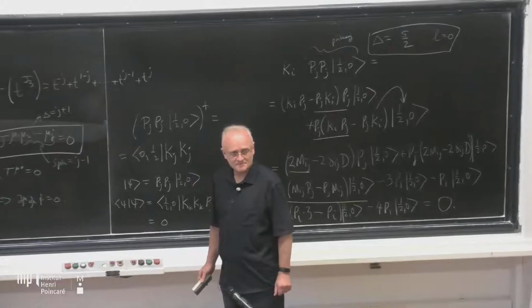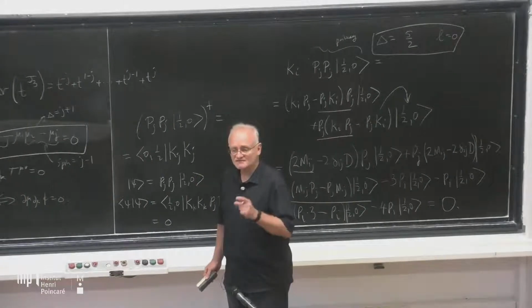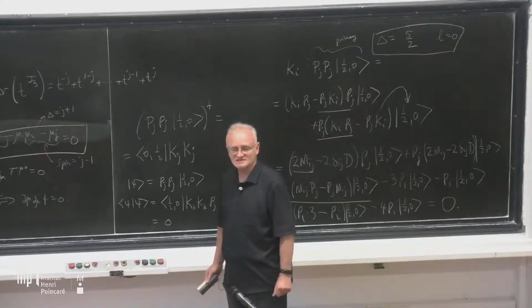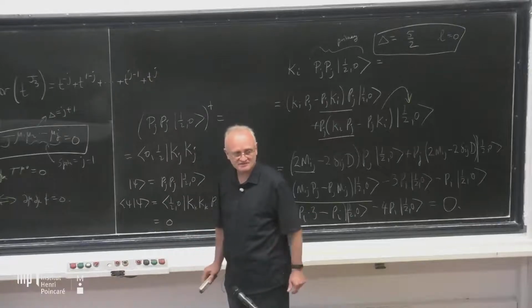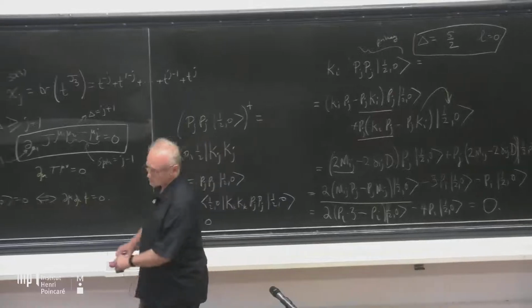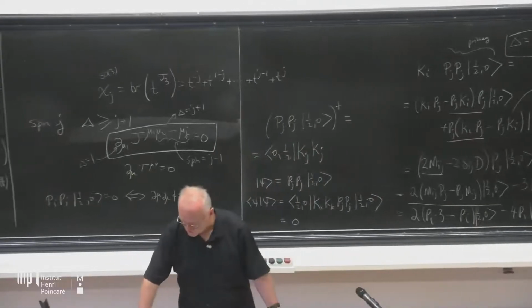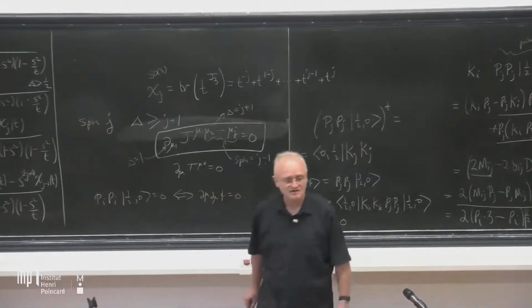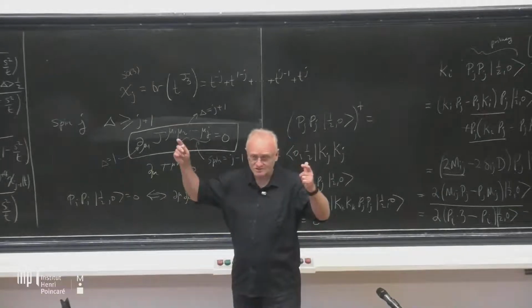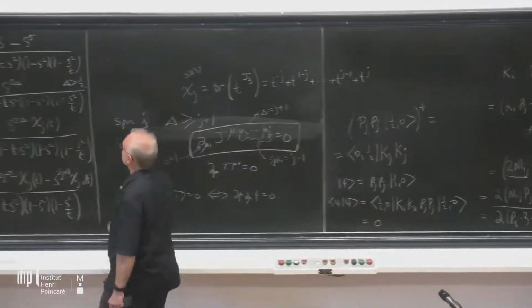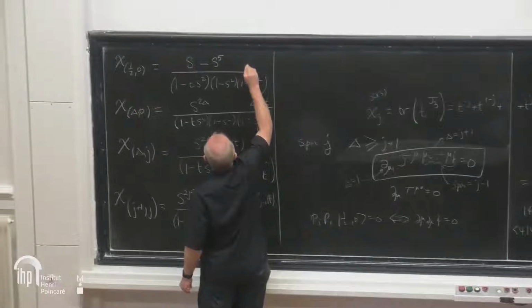Okay. So now I'm going to tell you what our character formula is. And you can go away and check in Mathematica that this really is true. So which characters are normal, and which ones are special, the short ones? So this is special, unusual.